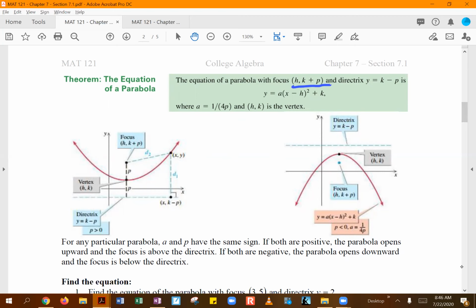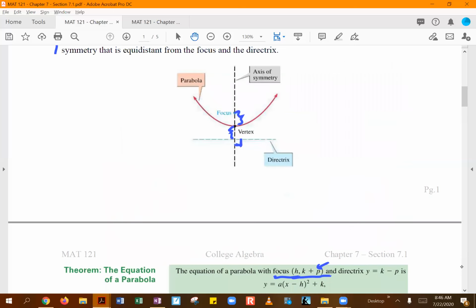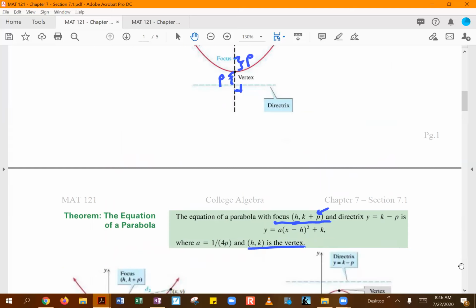Remember, the original vertex will have the ordered pair (h, k). So the focus is a modification on that. And this p variable that you are seeing here is the distance between the vertex and the focus, or the distance between the vertex and the directrix.